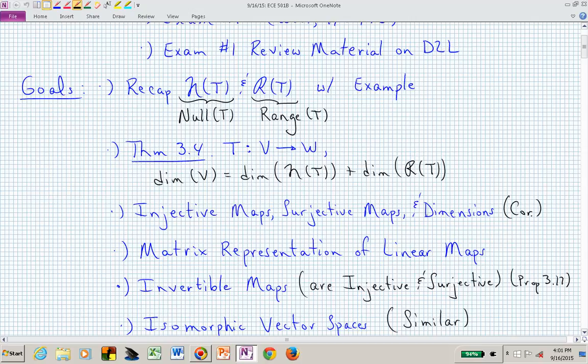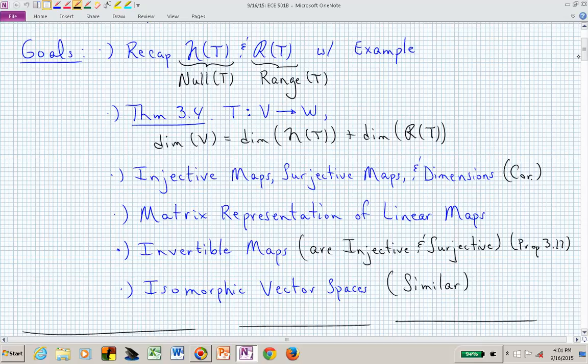Today what I want to do is remind us where we were, and that was understanding these two subspace concepts, which is the null space of T and the range of T. And we'll do that via an example.